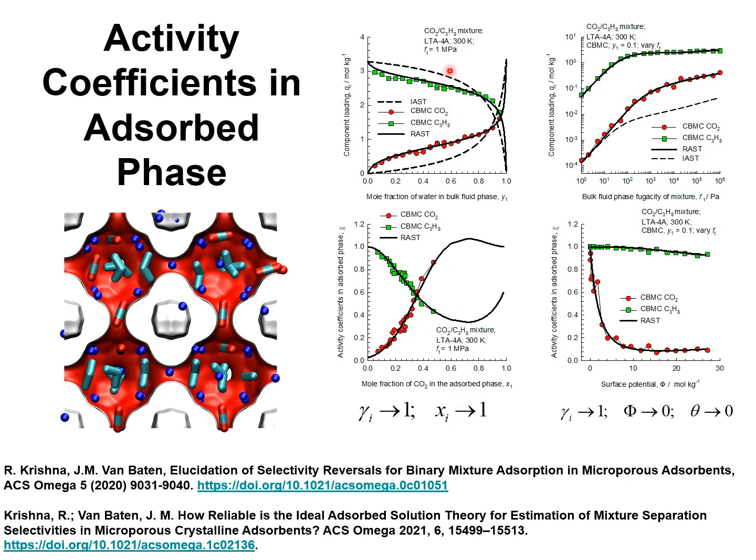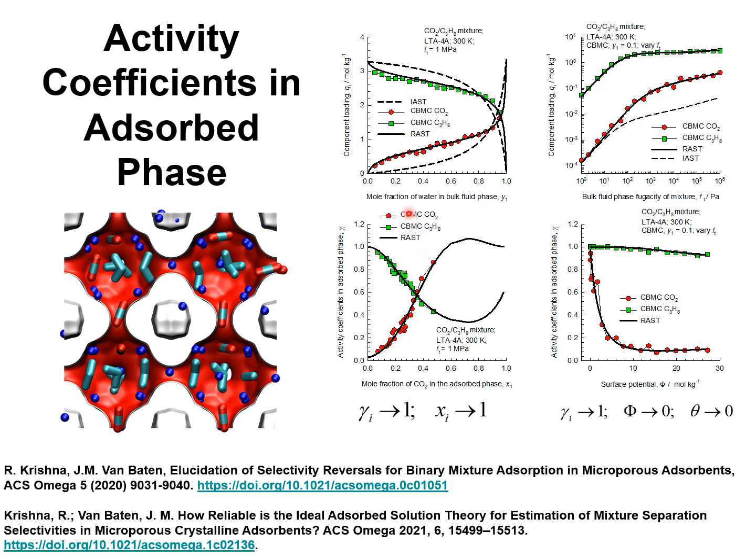Firstly, simulations at a total bulk fugacity of 1 megapascal, where the composition of the bulk gas phase mixture is varied from 0 to unity, and the component loadings determined from CBMC simulations.